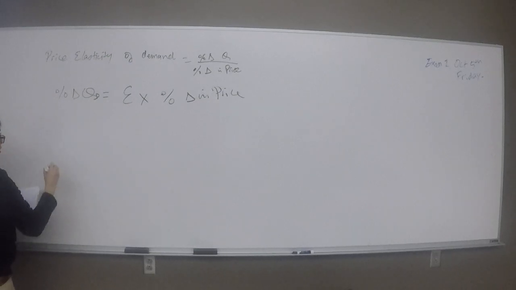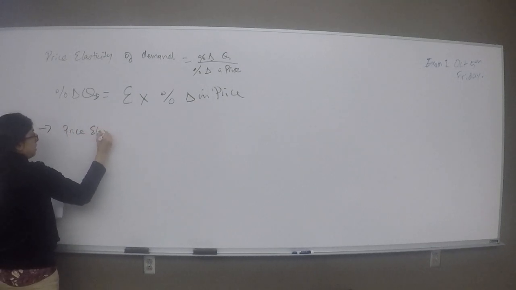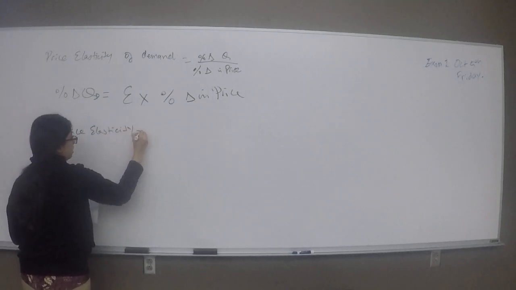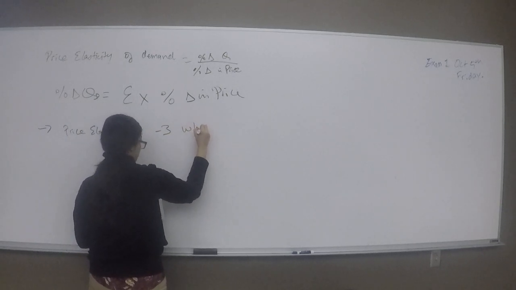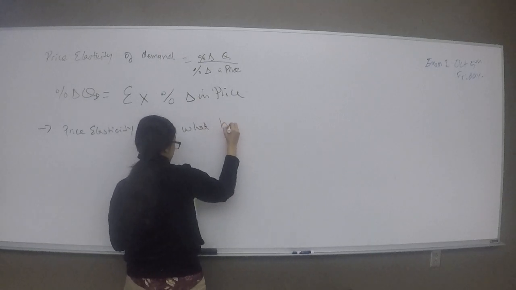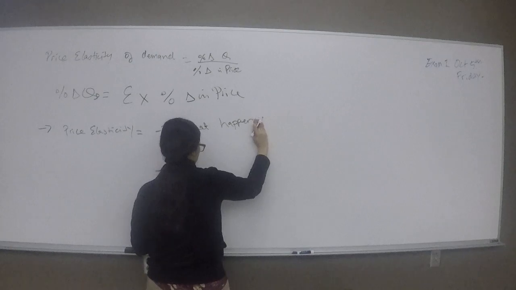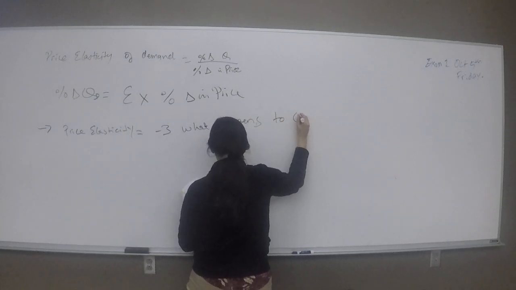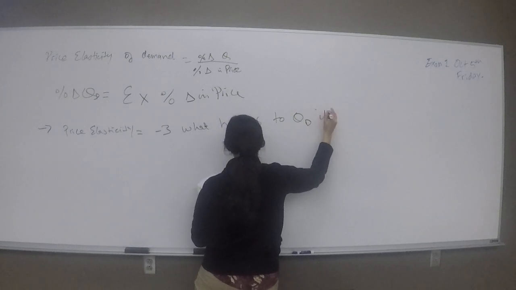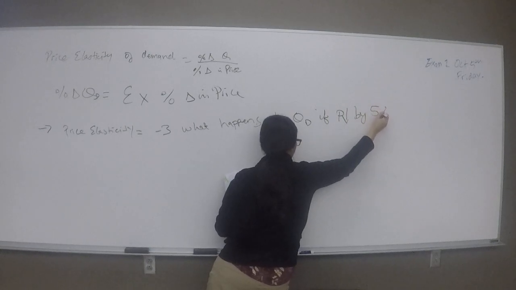So if the question says you're given price elasticity of -3, what happens to quantity demand if price decreases by 5%?